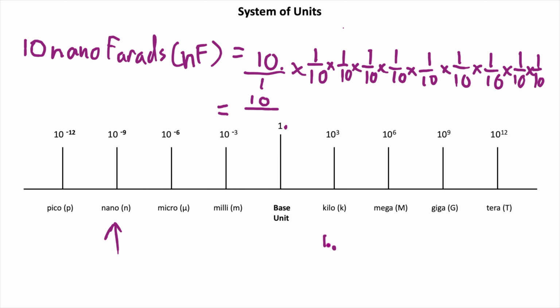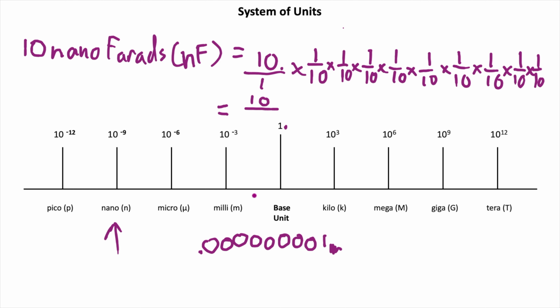Our base unit is 1, which counts as a place value, so that's 1 place value, and then we just need 8 more zeros. So it's 1, 2, 3, 4, 5, 6, 7, 8 zeros, and then the decimal lands at the end there.